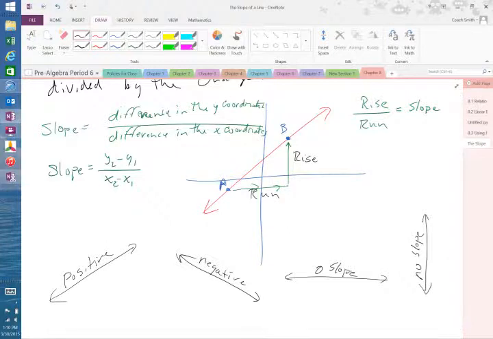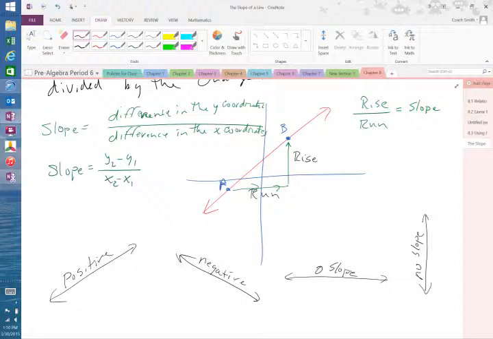That's all the slope is. It's just a fraction. Sometimes those fractions are going to be negative, sometimes positive, sometimes improper fractions, sometimes proper fractions. But all of those things can be slope. I'm trying to explain slope to you before we do the actual figuring out of the slope.